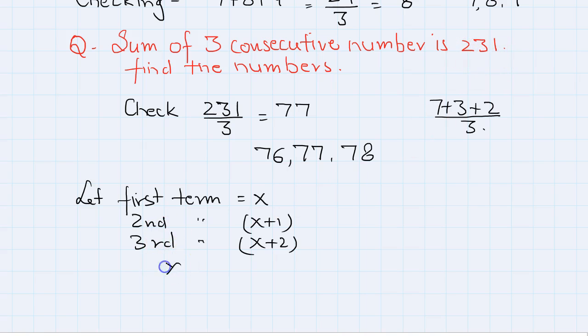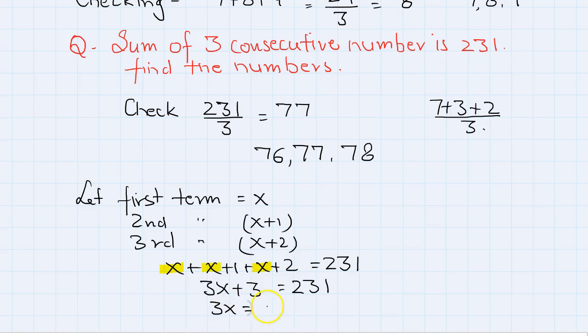So x plus x plus 1 plus x plus 2 is equal to 231. Now we have x plus x plus x, so this is 3x plus 2 and 1 is 3, is equal to 231.